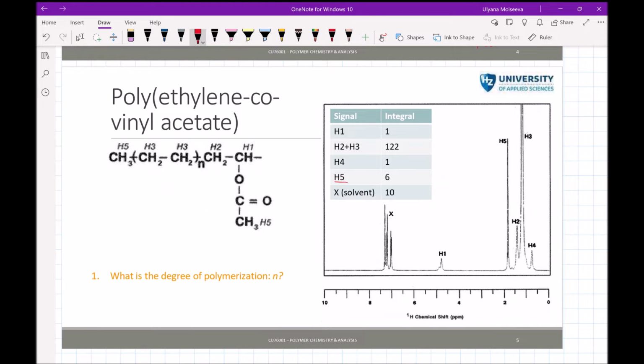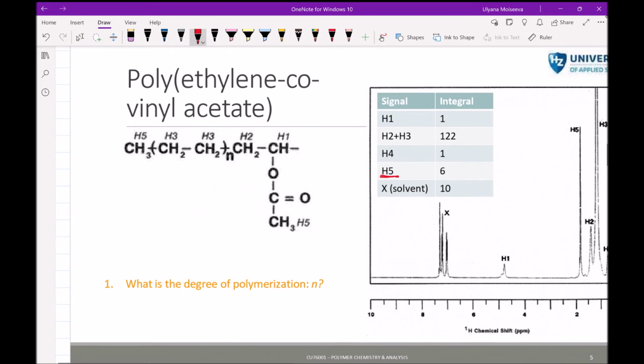For example, let's look at H5. What is H5? We have H5 here and H5 here. The total number of protons for our H5 is 3 plus 3, so in total 6 protons. And if we take a look at this table, the integral of H5 is 6.